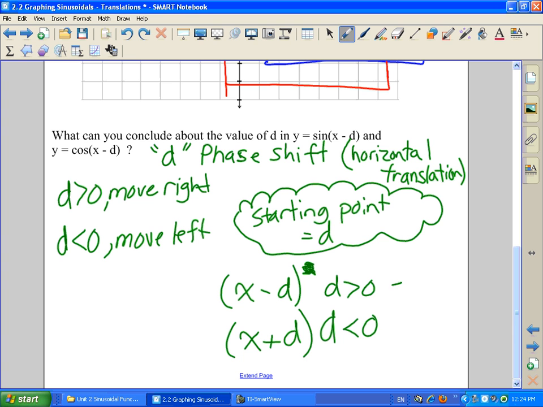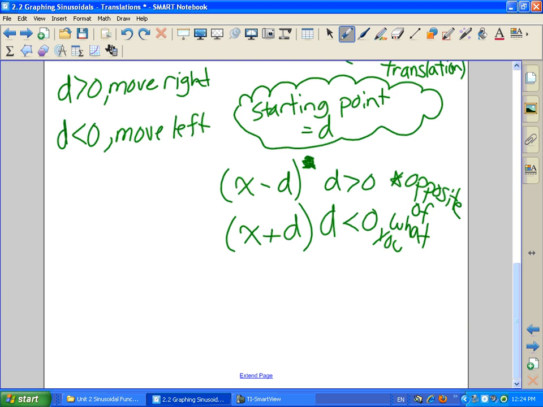It's the opposite of what you see in the brackets, right? Okay, so hopefully that's going to help determine where we're going to start.